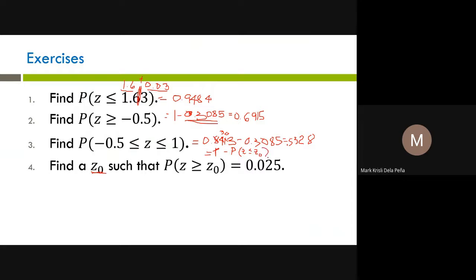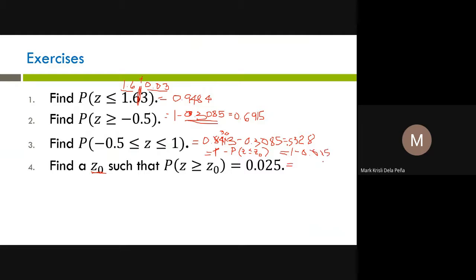right? Since we were given the area, we'll just have to subtract: 1 minus 0.025. So what's the result?